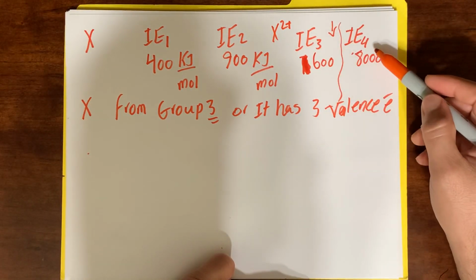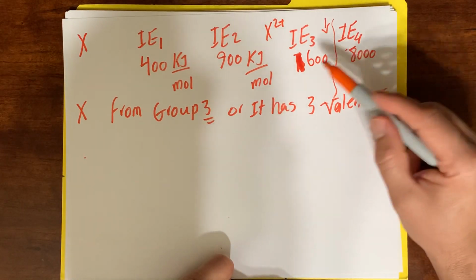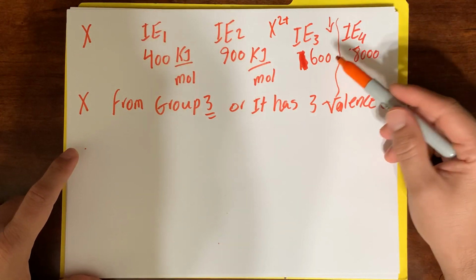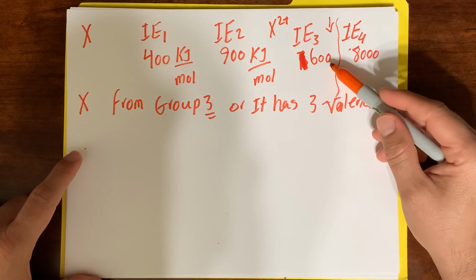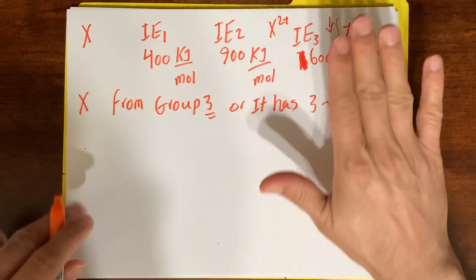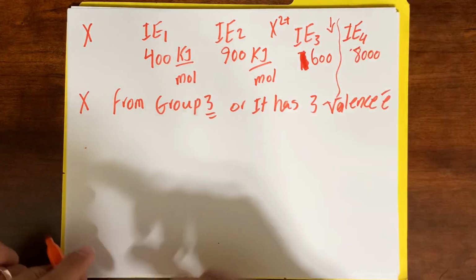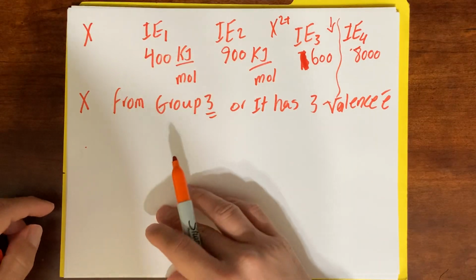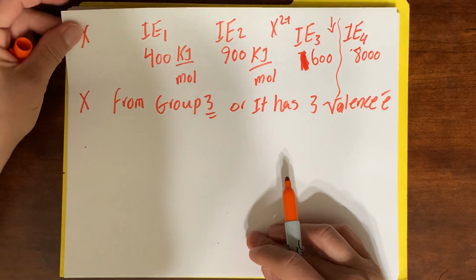But the fourth one, when we took it, we saw a huge jump. It's way bigger than the third one, and that means you touched the core electrons. Now that I touched the core electrons, I'm going to stop here. 1, 2, 3. I have 3 valence electrons, or this element is from group 3. So that's the way we find the number of valence electrons.